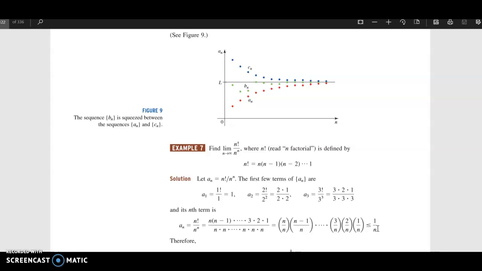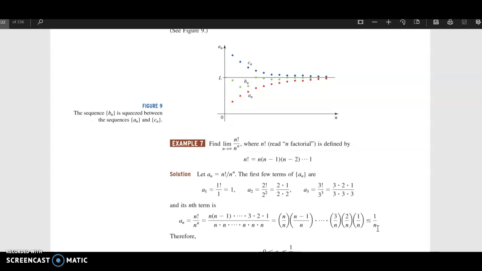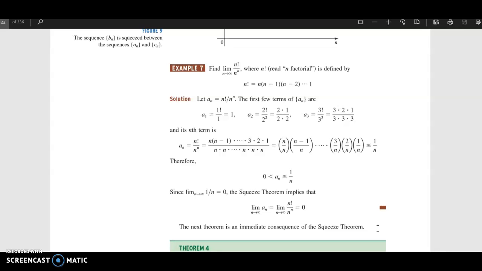This is always less than or equal to 1 by n. How can you say that this is less than or equal to 1 by n? These are all less than 1, because n by n is 1. So n minus 1 by n is always between 0 and 1, that is, 0 point something.